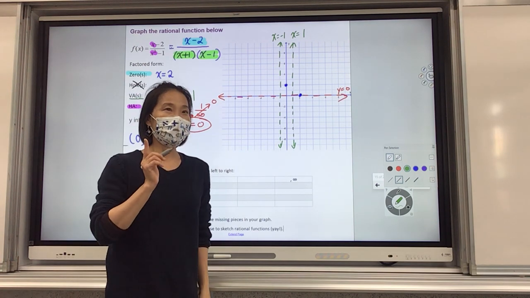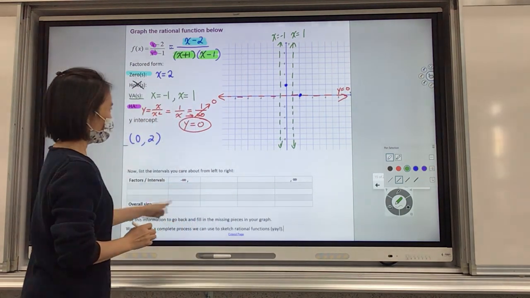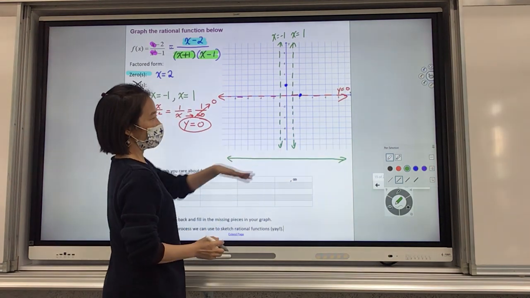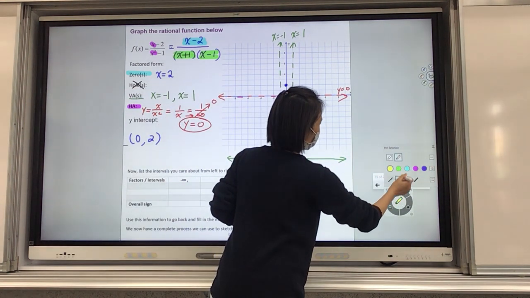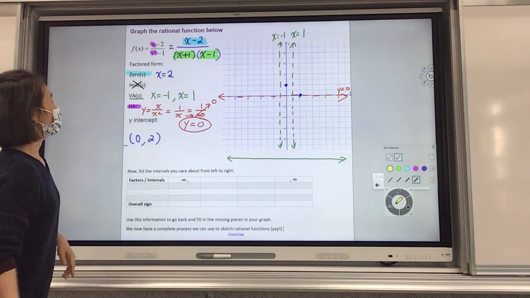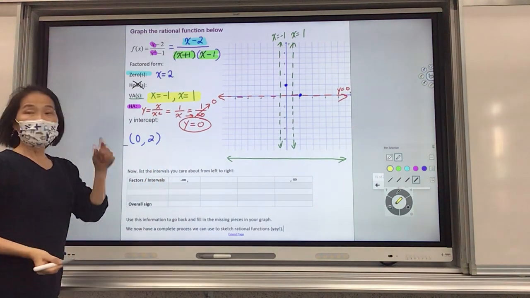So this is the time to find the sign diagram. Sign diagram here. I can draw a number line right below it. And what I do is I find two things: vertical asymptotes and zeros.